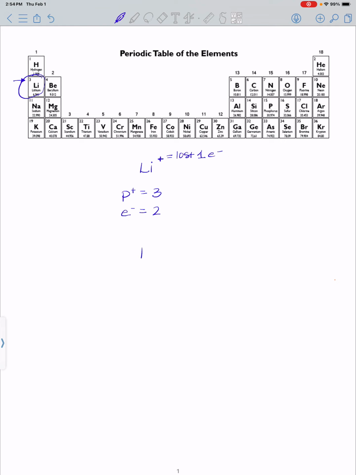Again, we're asking the same question, how many valence electrons are in this atom? We draw our lithium, and I'm going to put our charge right here. We only have 2 electrons because of our positive charge. So in this case, a lithium cation has 2 valence electrons.